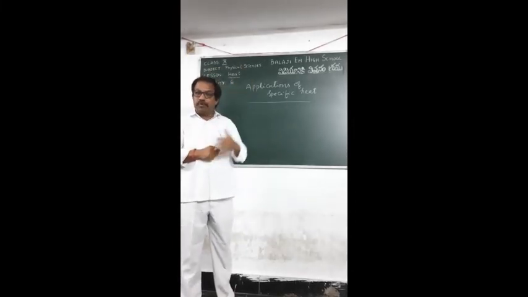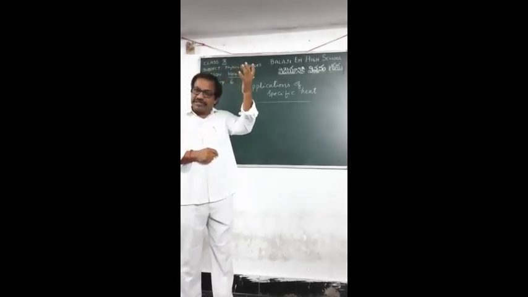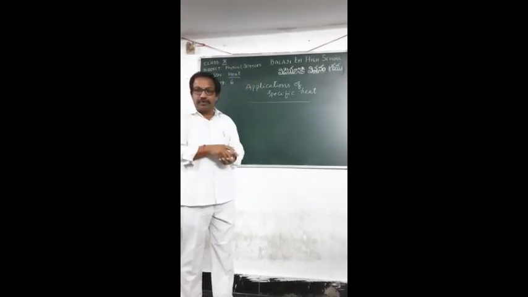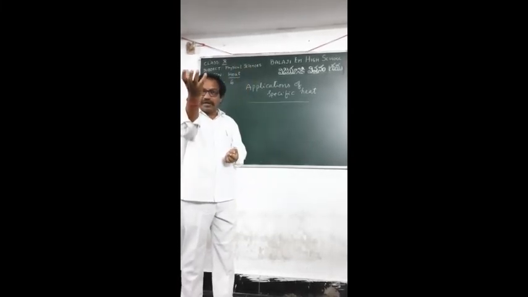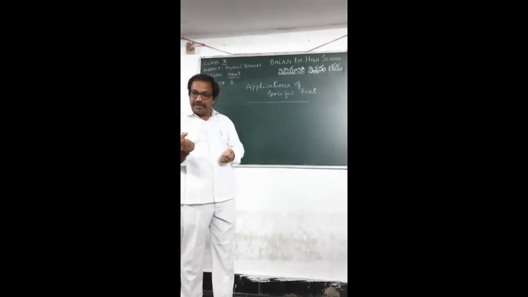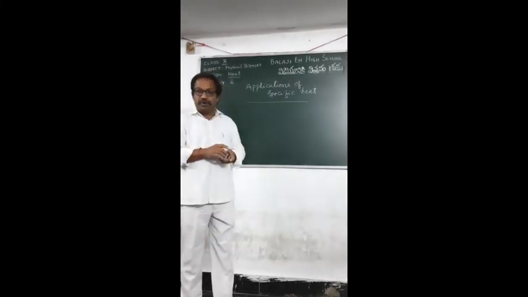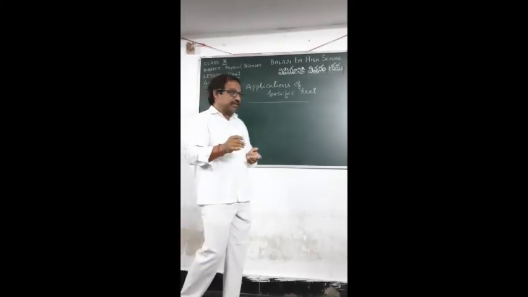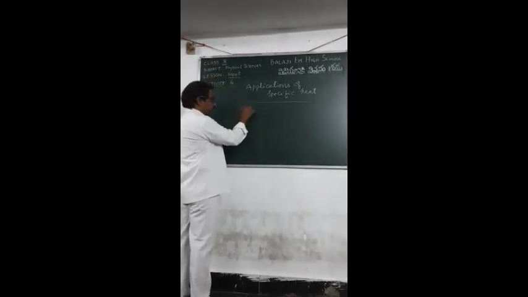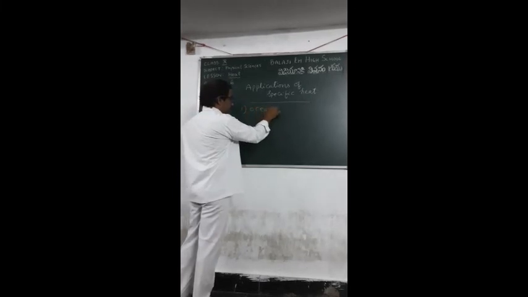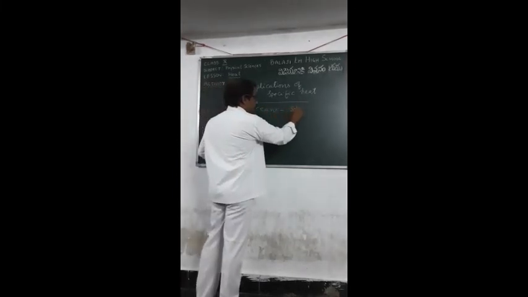And at the poles, the north pole or south pole, the temperature will be very low. At the equator, a large amount of heat energy will be absorbed by the water and distributed to all the water bodies. That is the reason why the oceans are called storehouses.